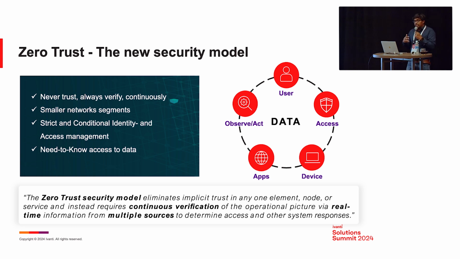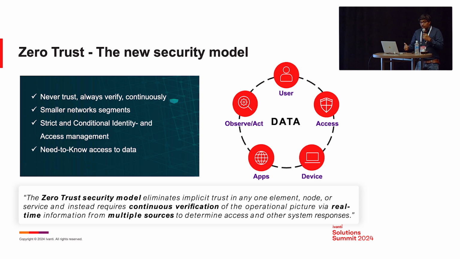So zero trust is the new security model. You would have heard about it at so many other conferences, and from so many customers using it. But it is built on fundamentally taking away the implicit trust that was put on many of the networking and security products while they enable you to give access to those applications.